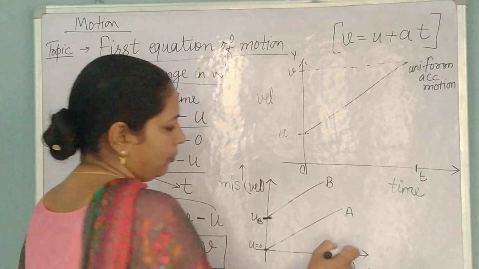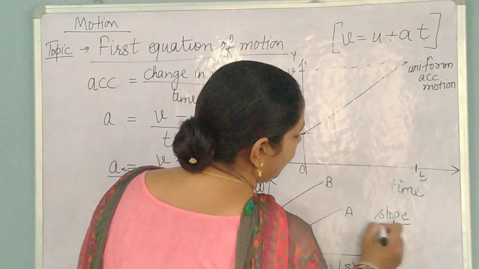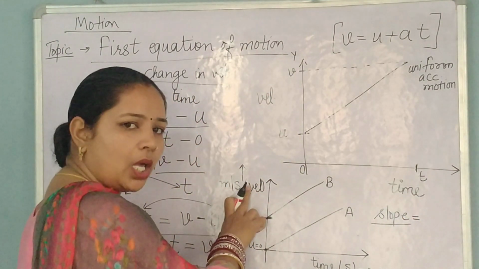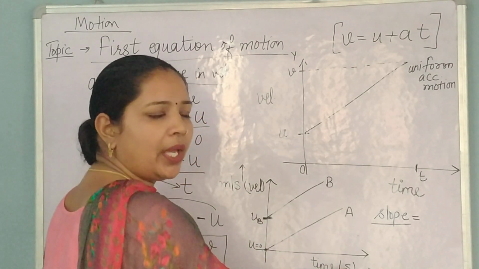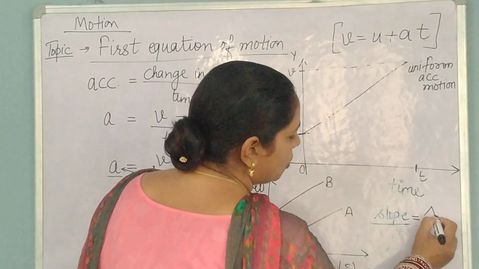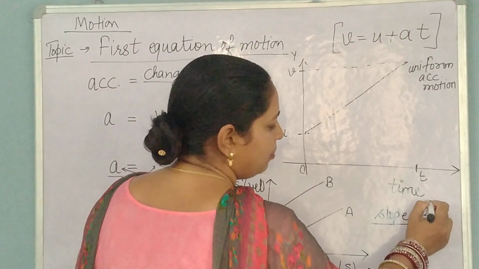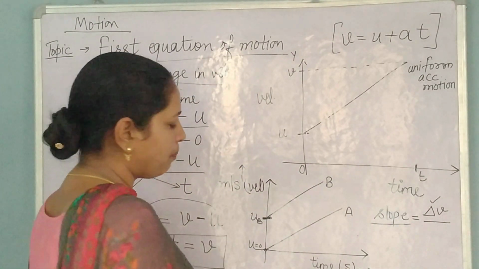One more thing that you must know is slope. What do you mean by slope? Slope means change along the y-axis divided by change along the x-axis. On the y-axis we have plotted velocity, so we will write change in velocity. This symbol represents change and we read it as delta.